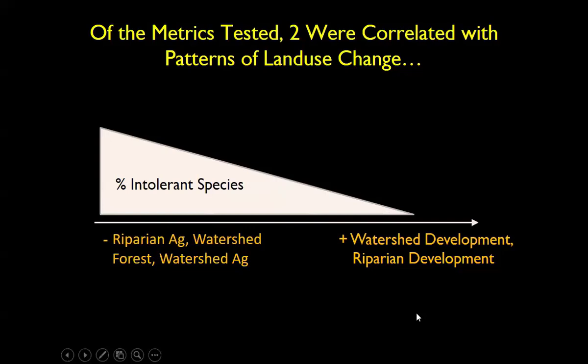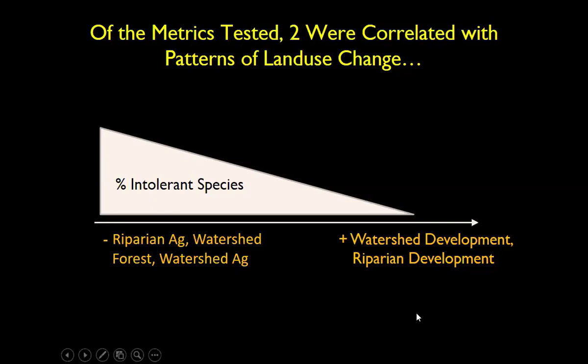What was interesting is that watersheds that increased in their forested cover, here, let me back up. Sorry. So watersheds that increased in the percent tolerant species had an increase in the forested watershed, but also in the riparian ag and the watershed ag.